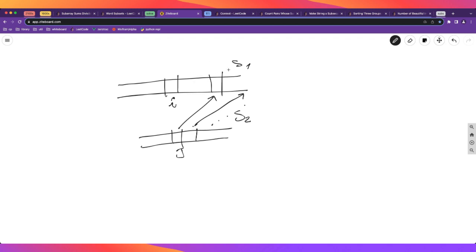But if we find a solution without making the greedy choice, we can always modify it. So we know that we cannot cross these arrows, right? Maybe we have an arrow here that goes that way, but we can always change this arrow and move it here, and we'll also have a solution. So this is why being greedy cannot make the situation worse.